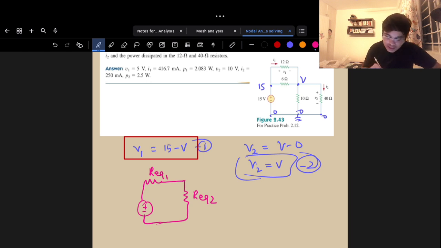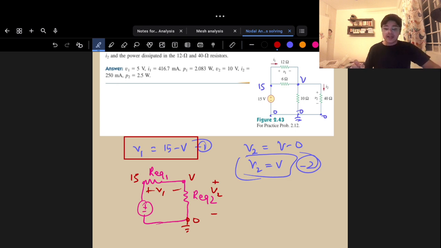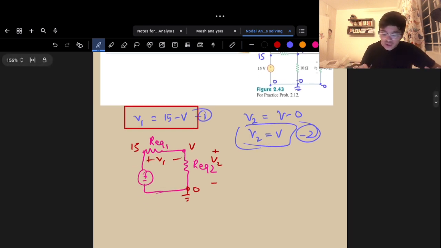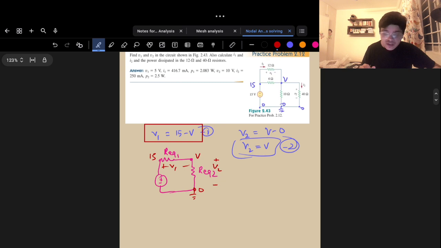Since this was in parallel, the potential is not going to change regardless. So this will still be 15 volts, this is still V volts, and this is still grounded, 0 volts. This is still V1, this is still V2. Now let's calculate the numerical value of R equivalent 1.